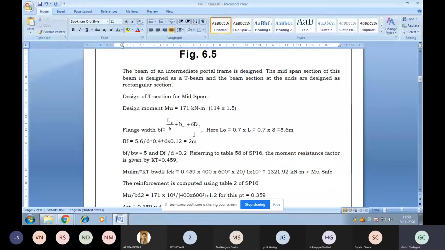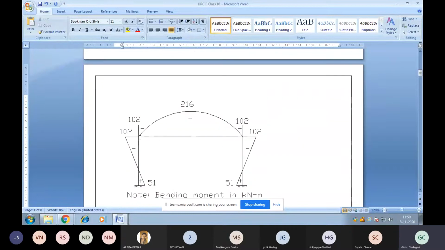The width of the beam, that is the rib, is 400, which we got already. And L0 is the span between the beams. The span between the beams is 8 meters, but we know that the beams are fixed at both ends.